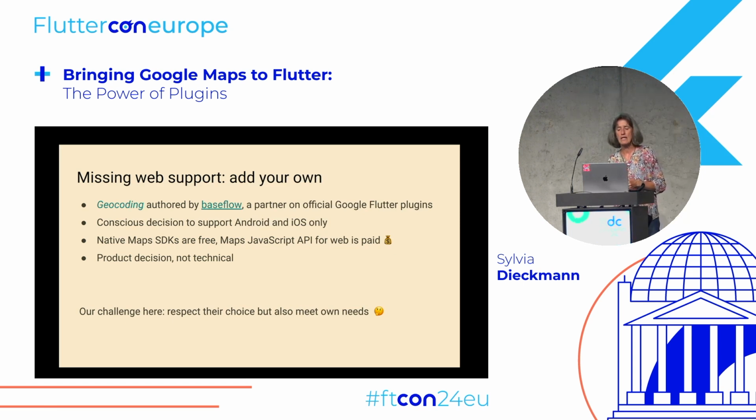The reason is that Android and iOS use the native SDK, and with that, the requests are free. If they would support web now, they would have to use the JavaScript API, which would incur fees. And they feel that mixing a free and a for-fee service is not a good strategy. And I understand that.